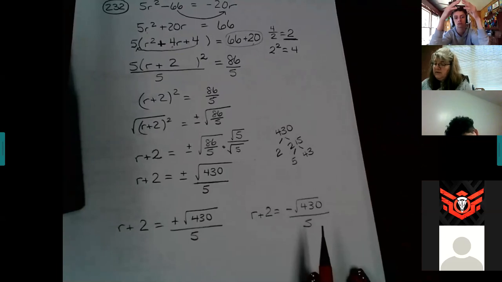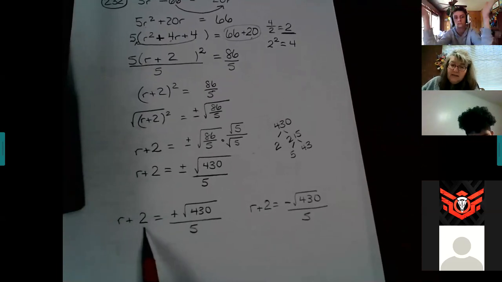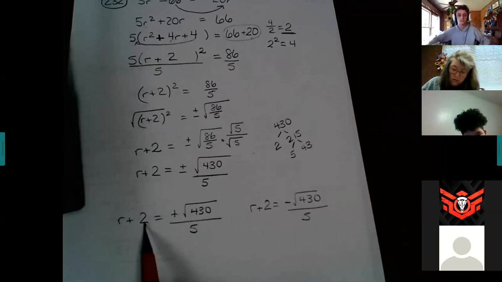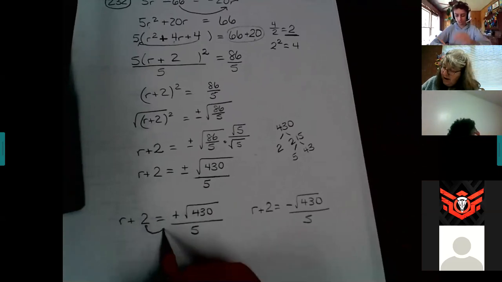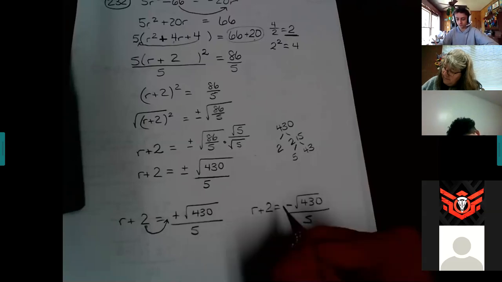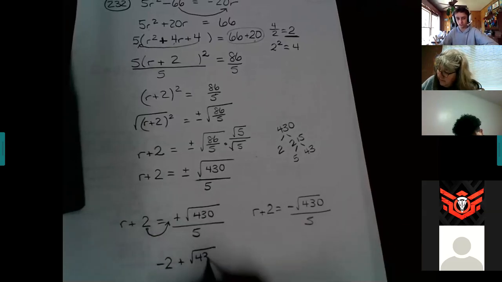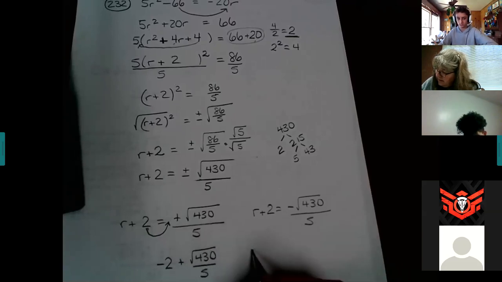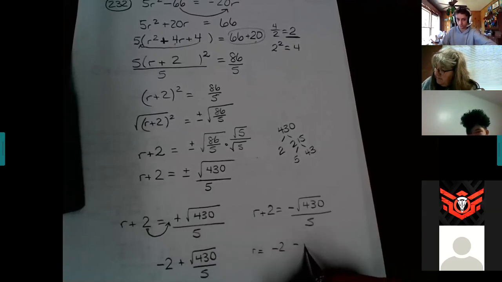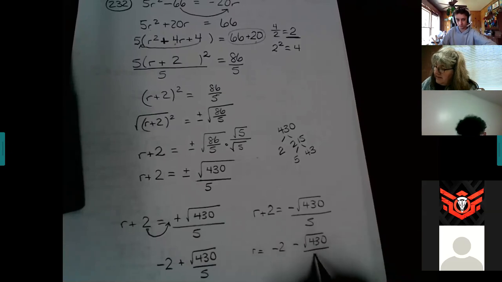Okay. So now when I solve this, what happens with that 2? The 2 goes to the other side as a -2 every time. Yep. So now I have this. But y'all, there's something still wrong.